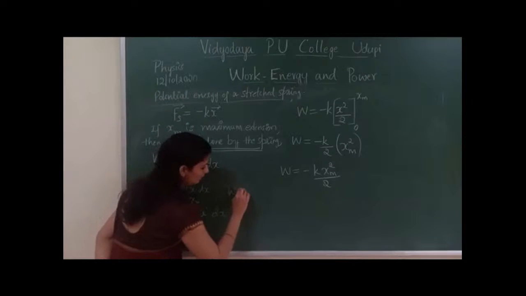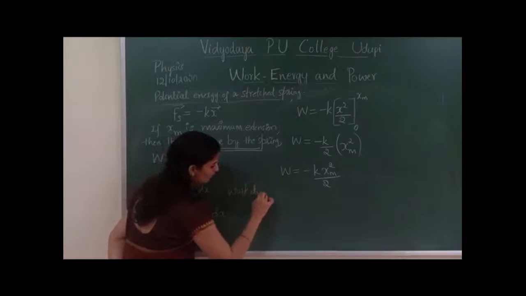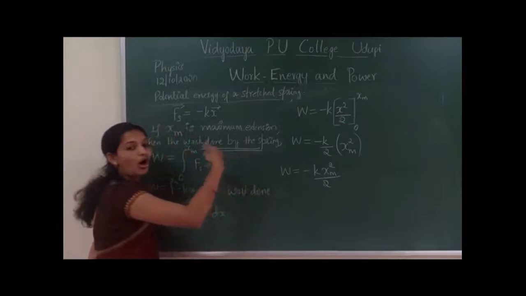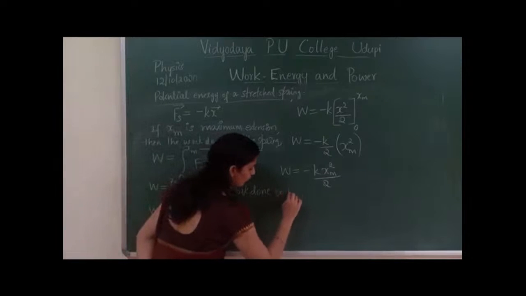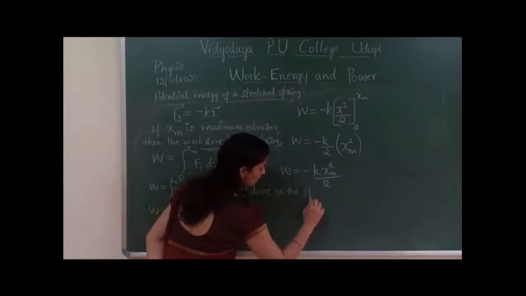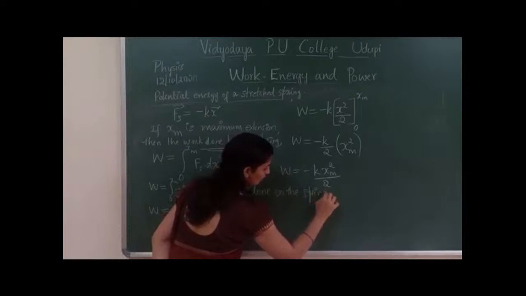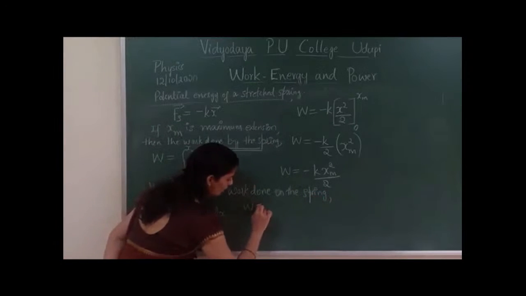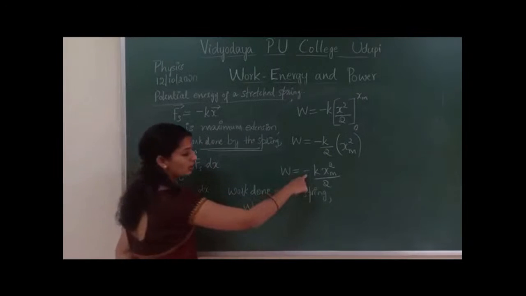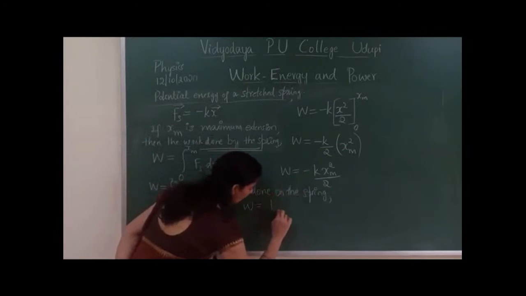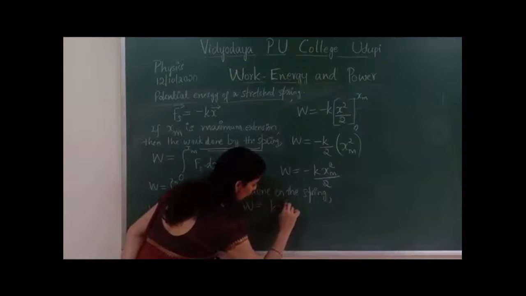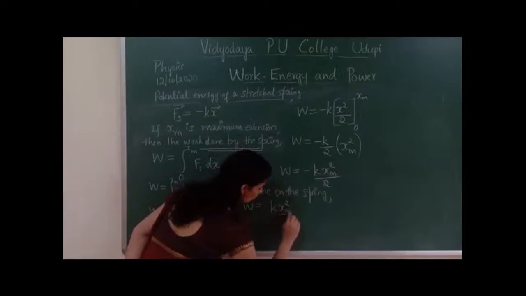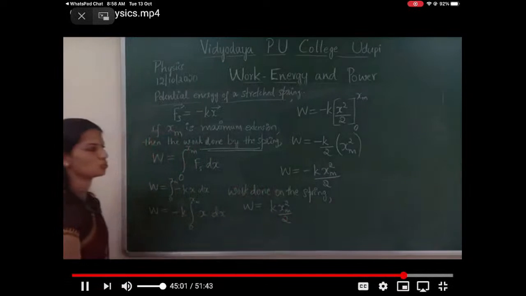So the work done on the spring is given by k xm square divided by 2.